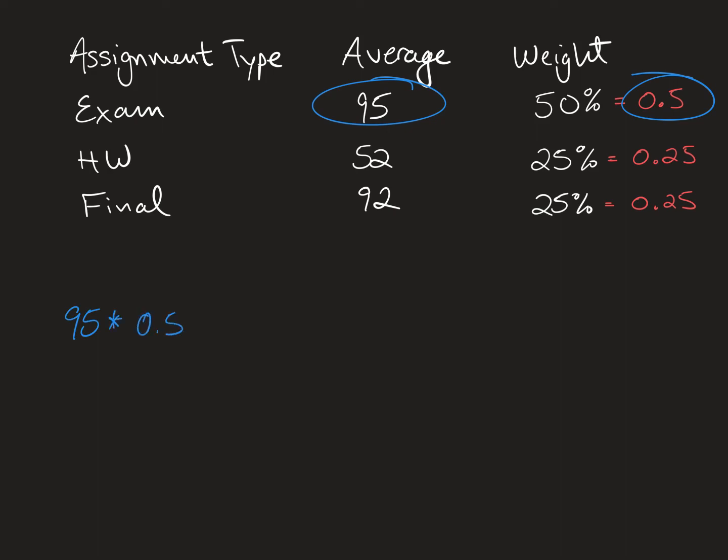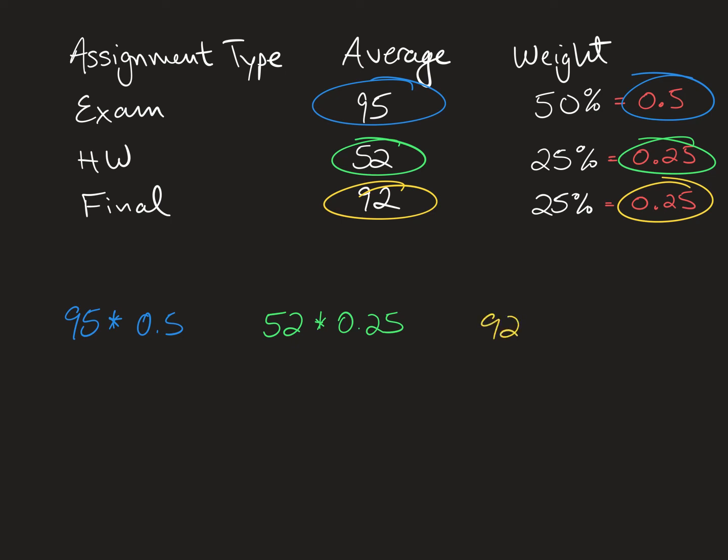Let's see, that's 52 times 0.25. And we can multiply the average and the weight here: 92 times 0.25. After we multiply all of these together, we can literally just add these up.